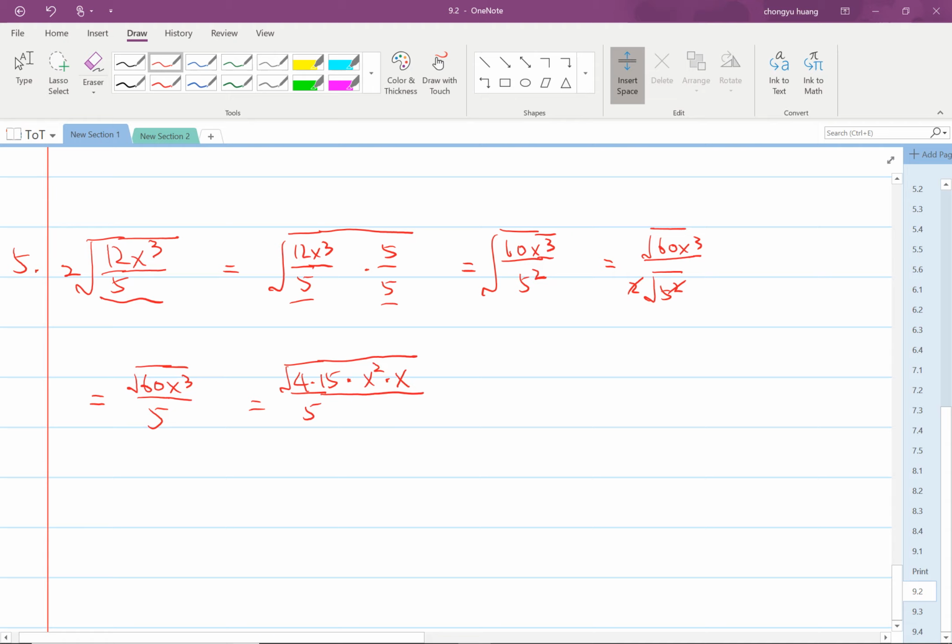Further, 4 is equal to 2 to the power 2, and then we have x squared, multiplied by 15x. After the simplification, we have a square root with 2 to the power 2 and x to the power 2, and those can get rid of the square root.